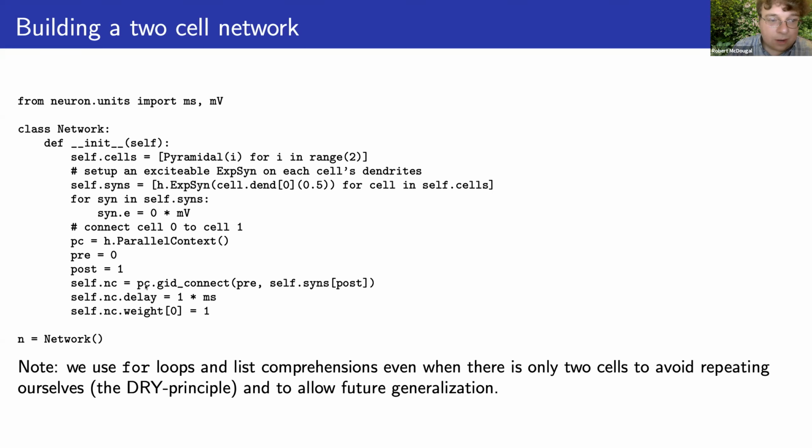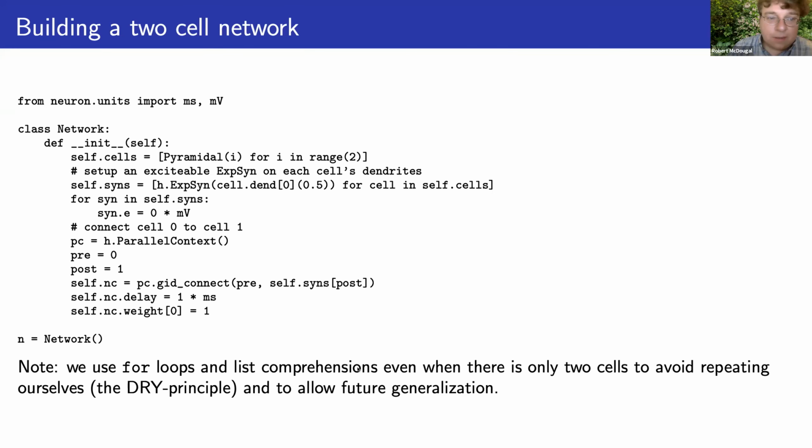And you see here, I get my netcon from pc.gid connect, but it's always going to be an actual netcon. I'm going to be able to manipulate it, set the delay, set the weight, exactly the way that you'd expect. And even though this is an extremely simple model, you'll notice that I'm still building this using for loops and list comprehensions.